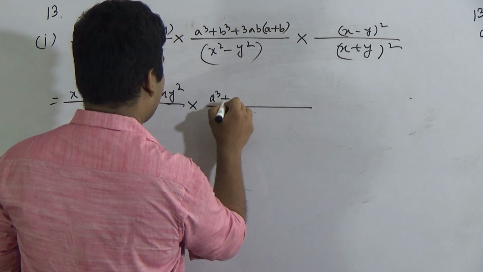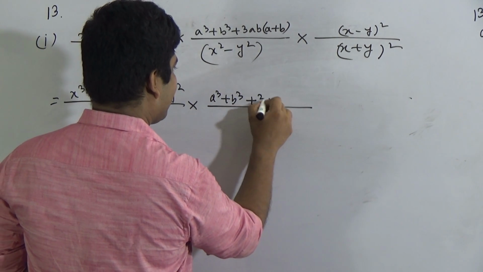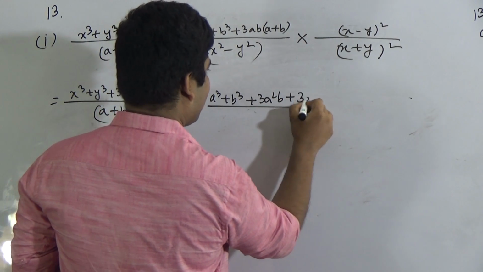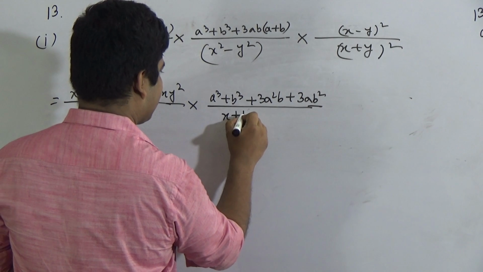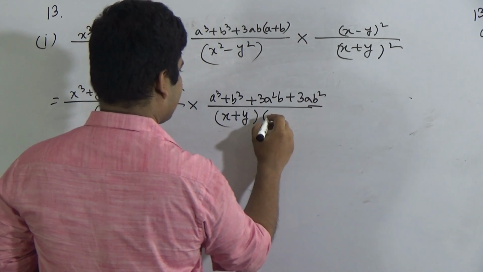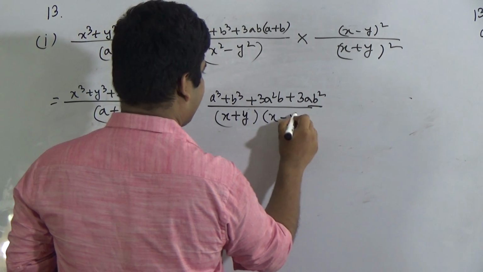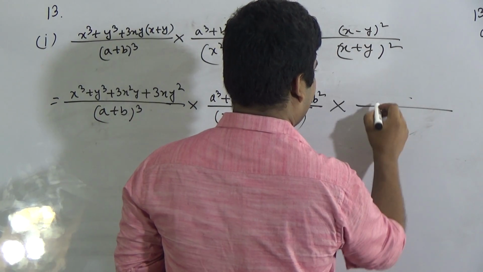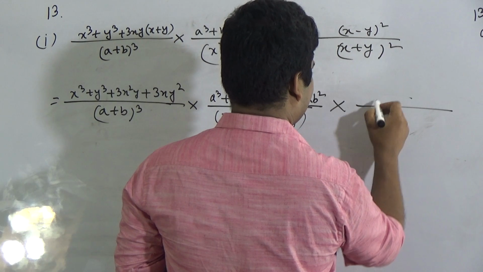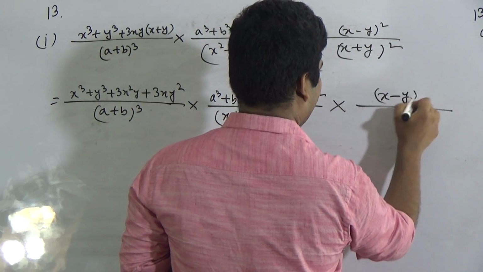Here a cube plus b cube plus 3a square b plus 3ab square divided by, this can be written as a plus b into a minus b. That means x plus y into x minus y. Multiply by, no need to write this, just keep it unchanged.